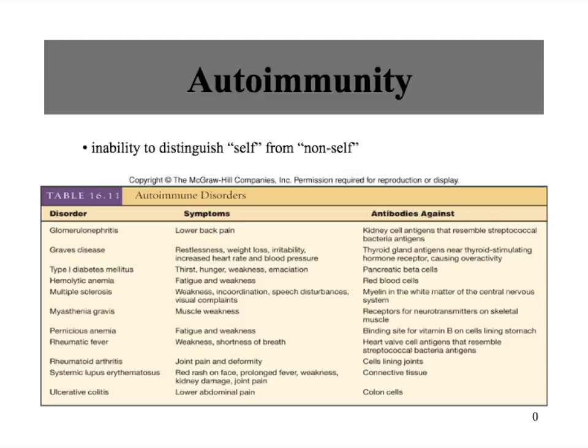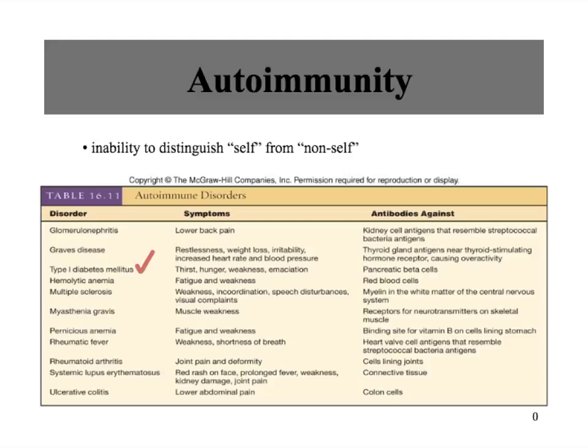Another issue with our immune response that can become a problem is autoimmunity, or autoimmune disorders, where there is a loss of the ability to distinguish self from non-self. There are a number of different disorders you can read about here. Interestingly, a few examples: type 1 diabetes.